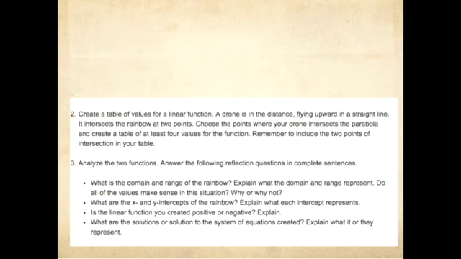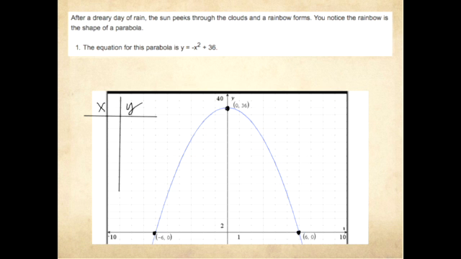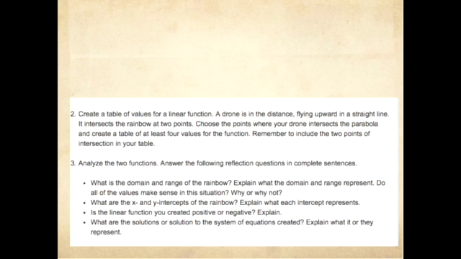Create a table of values for a linear function. So I need a table of values, and then it says a drone is in the distance flying upwards in a straight line. Now, I don't know if you know what a drone is. If you live in America, you should know what a drone is.